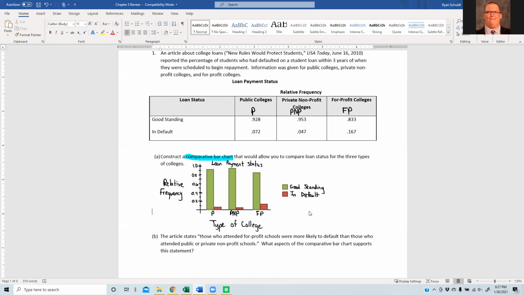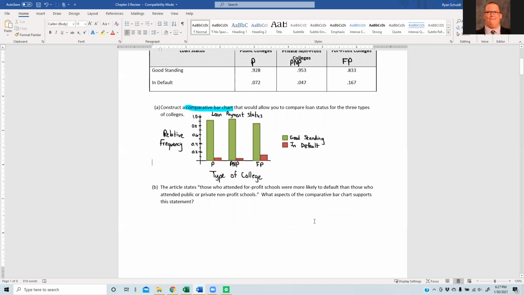So, okay, part B says the article states those who attended for-profit schools were more likely to default than those who attended public or private nonprofit schools. What aspects of the comparative bar chart supports this statement? Well, we kind of just talked about it. Without looking at B, we really answered the question already.